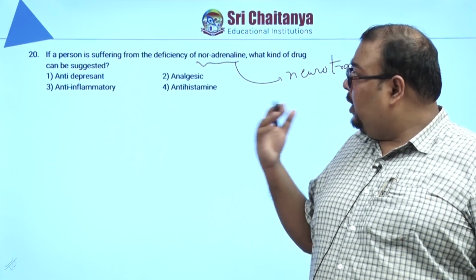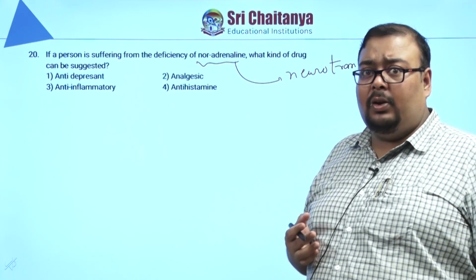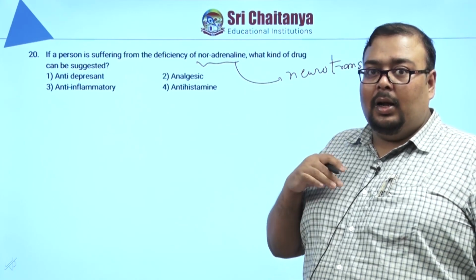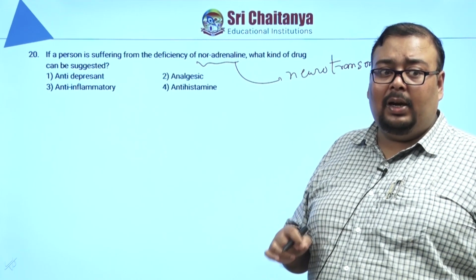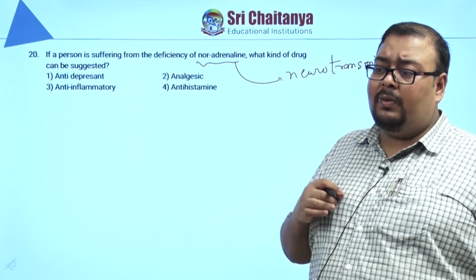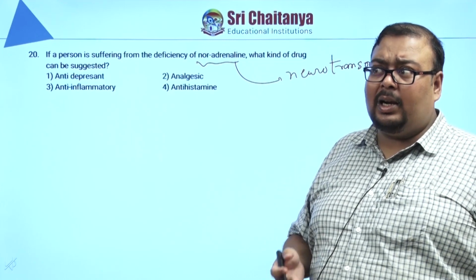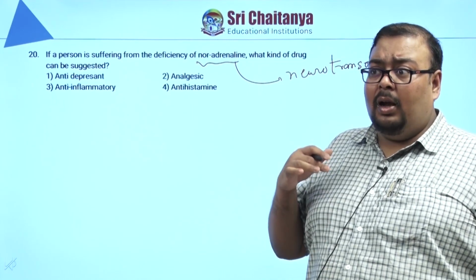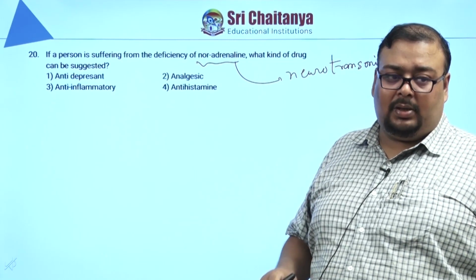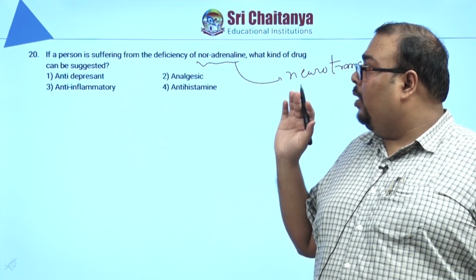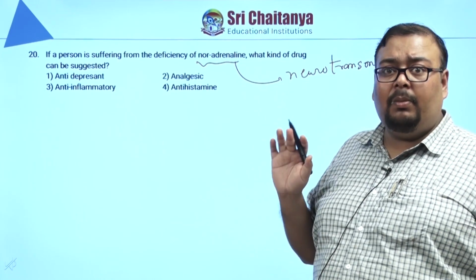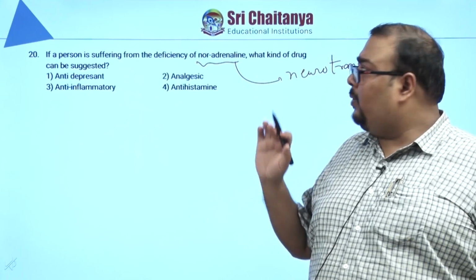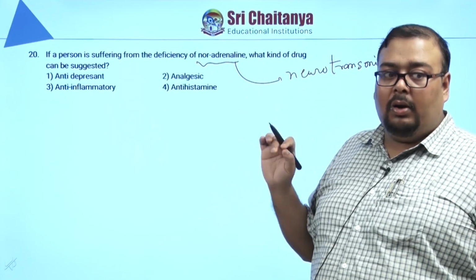If this substance is deficient in the human body, the brain signal activity will be very less, which means that the central nervous system is depressed, and so the person will suffer from mild depression symptoms if there is a deficiency of noradrenaline.